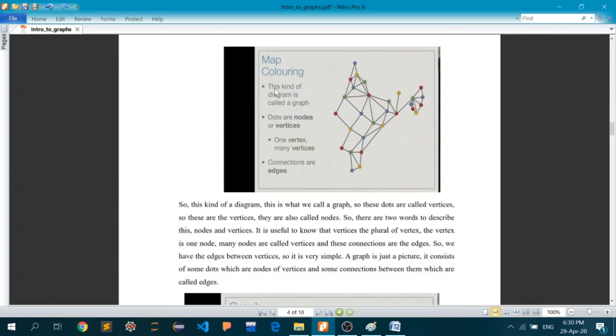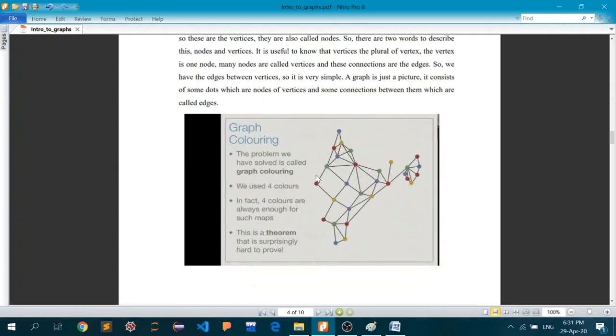Now, this kind of diagram is called a graph. As I have already told you, I'm trying to devise a graph out of the political map of India. All the dots are called nodes or vertices. A single node can be called a vertex, many of them collectively can be called vertices, and the connections are called edges. The connections mean the relationship between two particular vertices or two particular nodes, what kind of relationship they have with each other.